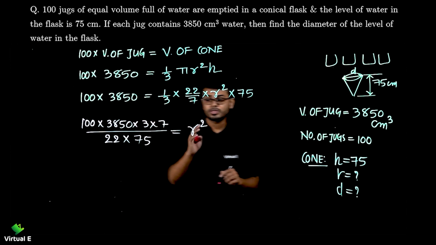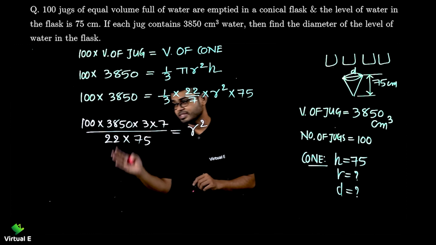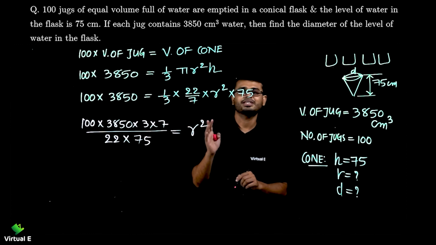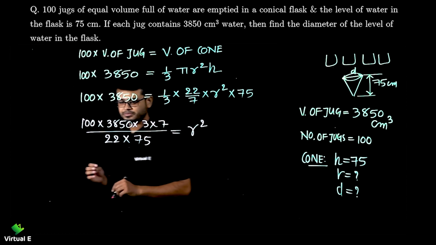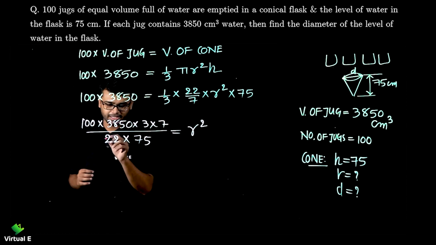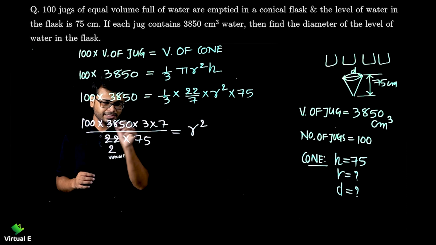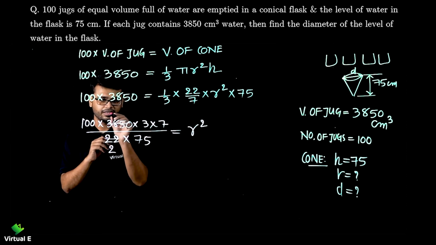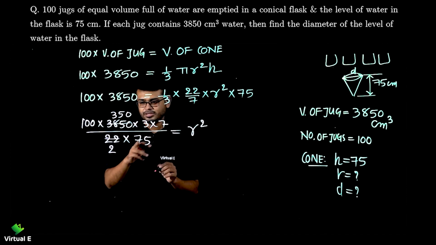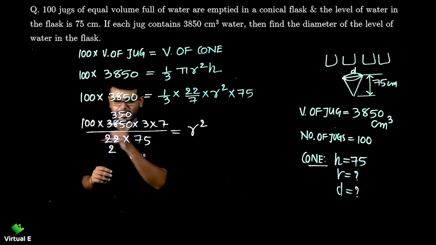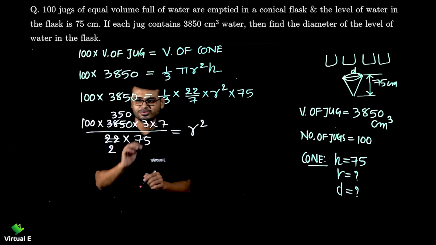So we need to use logic over here, that if we get a perfect square here, then it is easy for us to get the value of r, right? We just need to take the square root and we are good to go. So let's start. I think 11 2s are 22, and this number 3850, 35 and 10. Done. I want to keep 100 as it is, I don't want to change it.